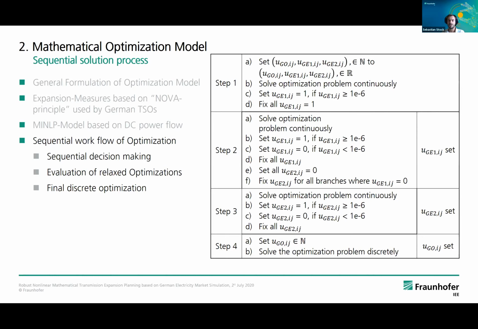In the steps, at certain points, we have a relaxed optimization, and based on the relaxed optimization problems there is the control of the decision making, and at the end a final discrete optimization is done. Also for this, I would like to point to the paper for the details.